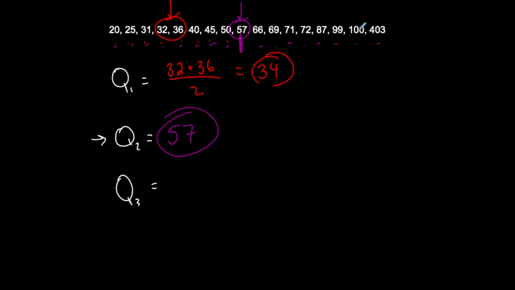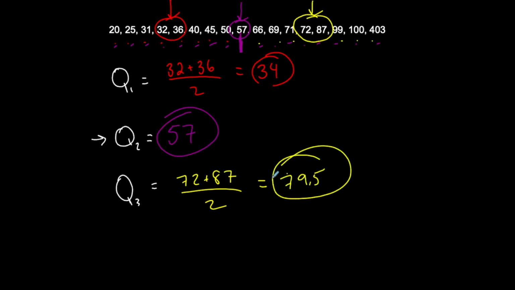So that's my Q3. This again has 2 middle numbers, so I need the exact value between those two. So 72 plus 87 over 2. 72 plus 87 is 159, divided by 2 is 79.5.